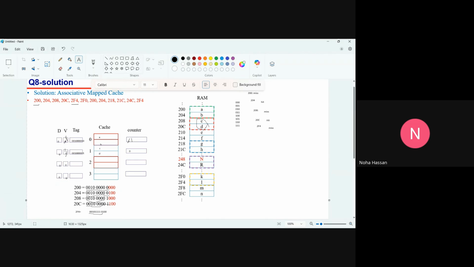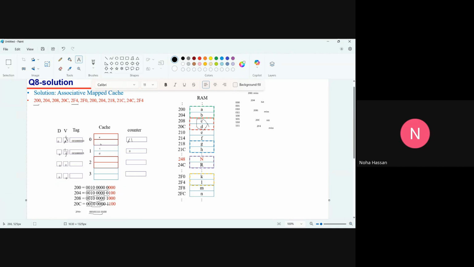So now I need, sorry, it's because I'm using Paint, so it is not aligned. Let's try to move it. It's not moving. Anyway, this is a miss.